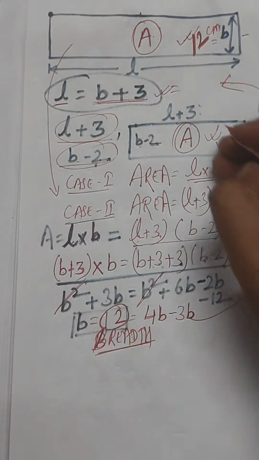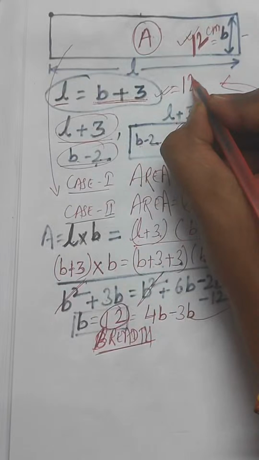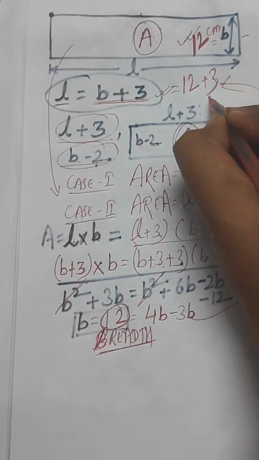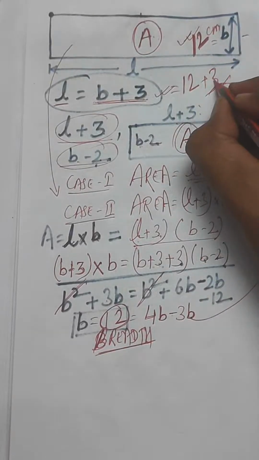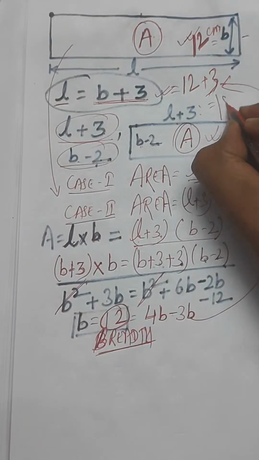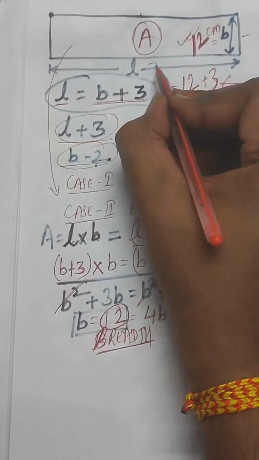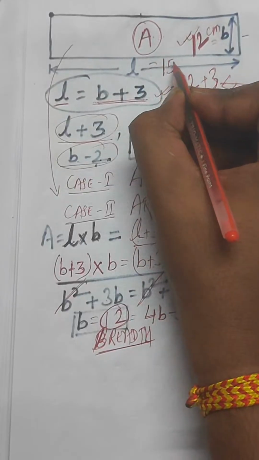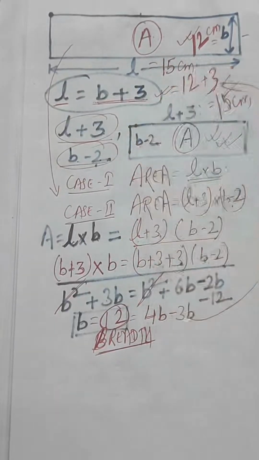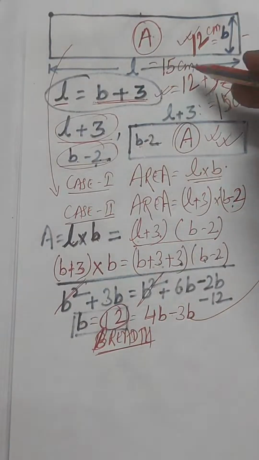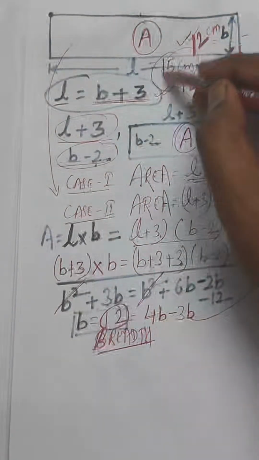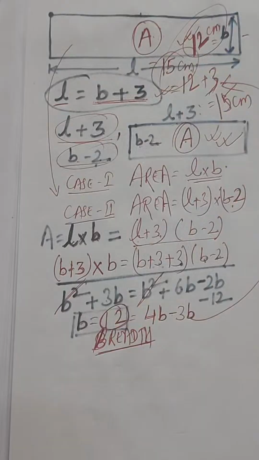Then this is equal to 12 plus 3, which gives you 15 centimeters. So 15 centimeters is the length of this room. So L is calculated as 15 and breadth is calculated as 12. These are the two dimensions which are calculated.